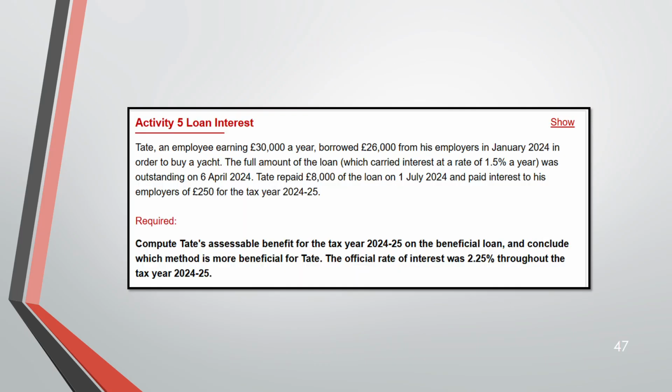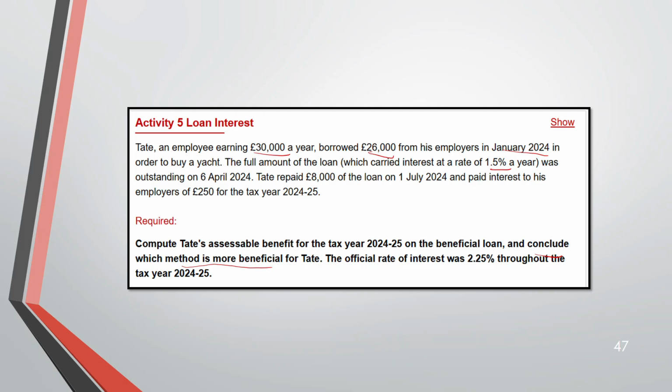Now, activity 5. We will be solving activity 5, where we have to calculate the benefit on the beneficial loan and conclude which method is more beneficial. Of course, the one which is giving you the lower benefit. Here the employee is earning 30,000, and borrowed 26,000 in Jan 2024 at a rate of 1.5%, which is below the full official interest rate.